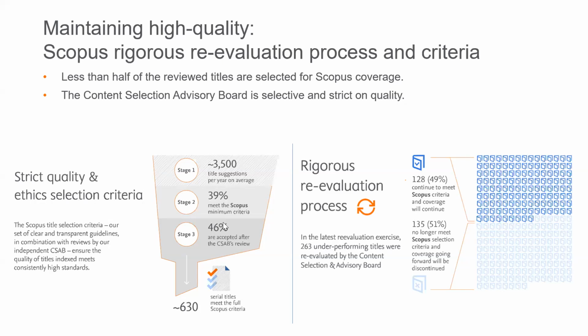So this is for the titles trying to be indexed in Scopus. What about the journals that already exist in Scopus? They go through a re-evaluation process each year. Each year in June, I think, yes, in June, Scopus delivers the journals that will stay in the Scopus indexation database, and the journals that are out of this process and cannot continue to be indexed.